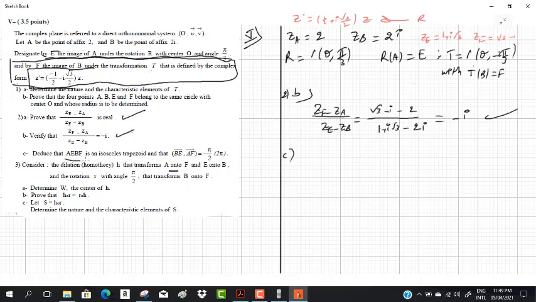Deduce that ABFE is an isosceles trapezoid. In an isosceles trapezoid we have two sides parallel, and the two sides that are not parallel are equal.